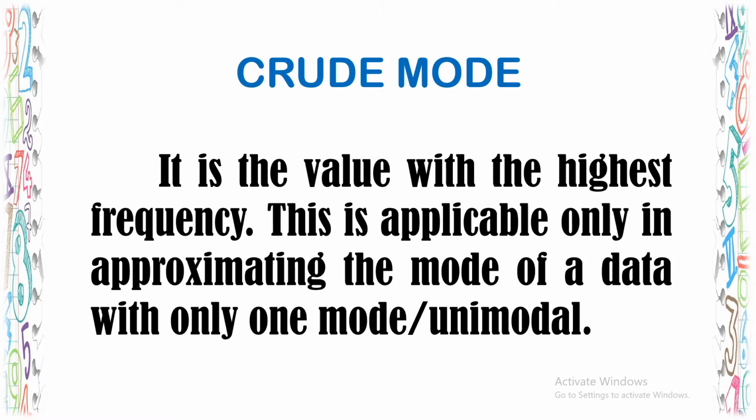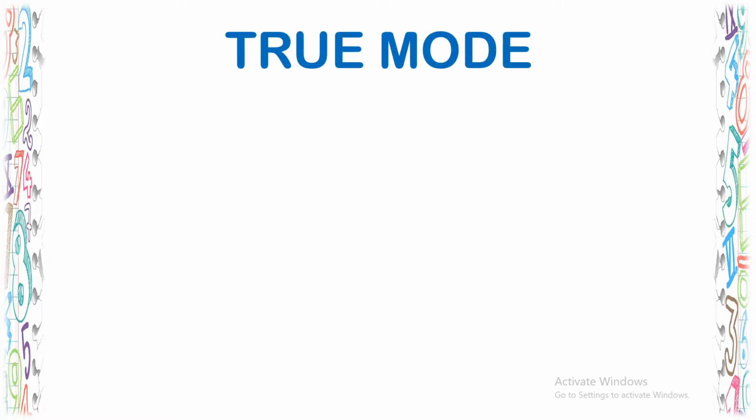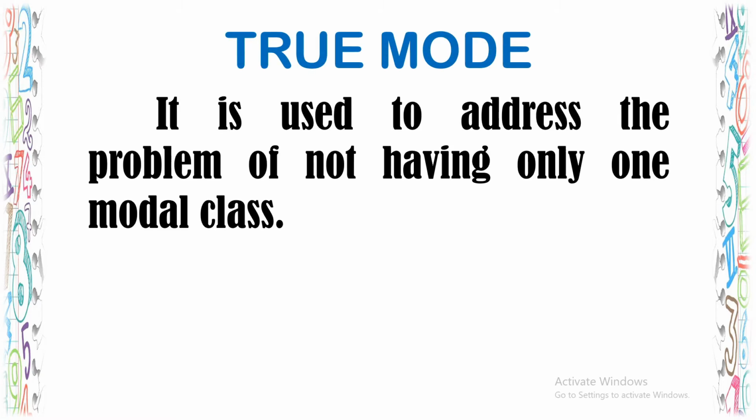But this is only applicable in approximating the mode of data with only one mode, also known as unimodal. Now, in cases wherein a given data is multimodal, the true mode should be used to address the problem of not having only one modal class.